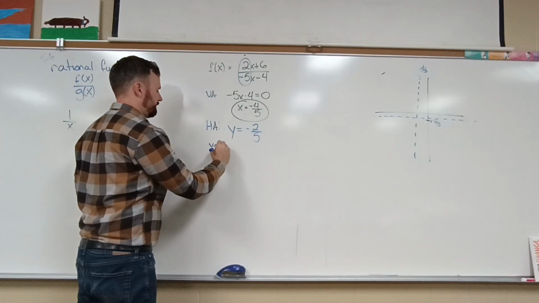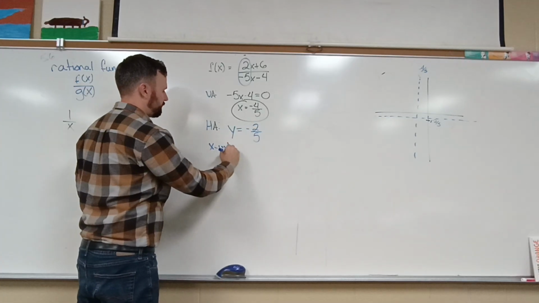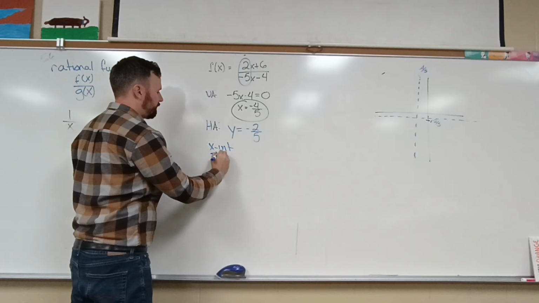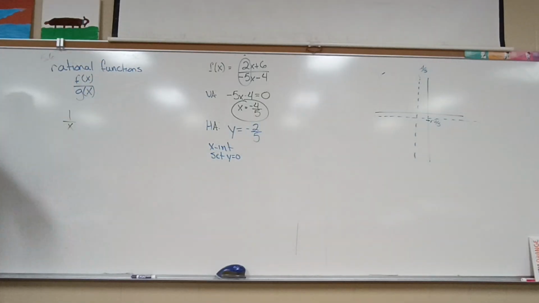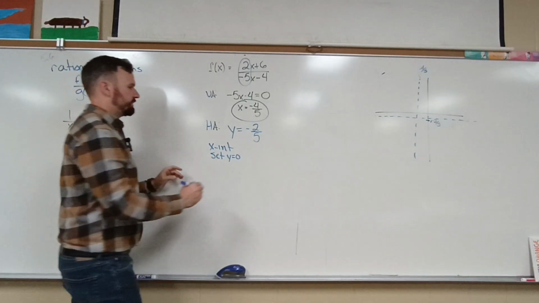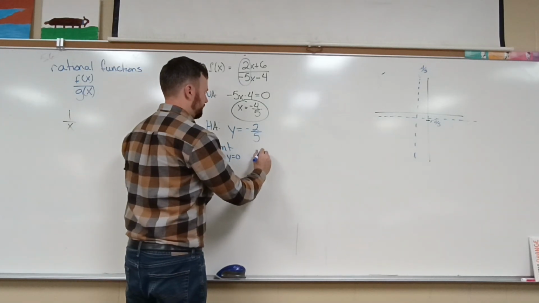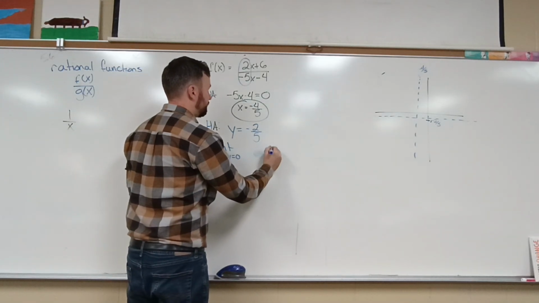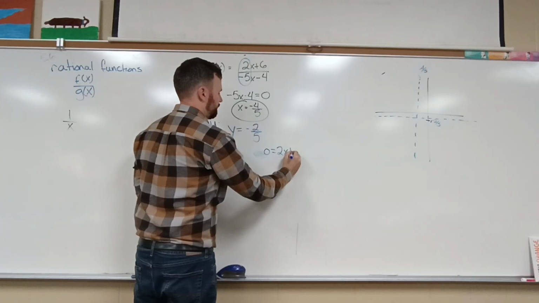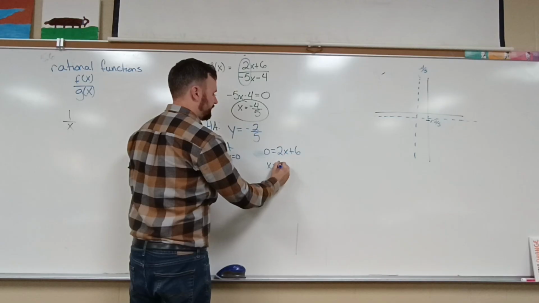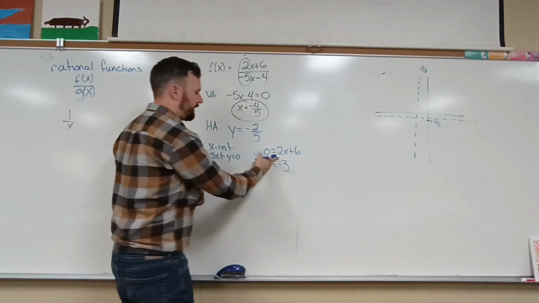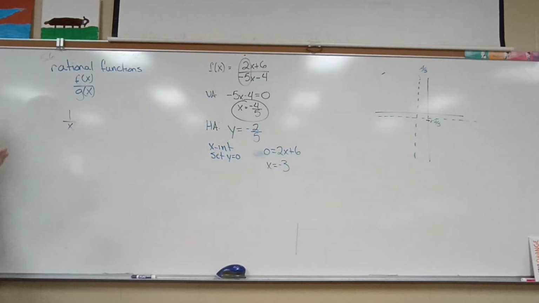X-intercept? All right, let's do x-intercept. Why not? X-intercept, I'm going to set y equals 0. Now, do I have to set that whole thing equal to 0, or just the top? Just the top. So I got x equals negative 3 when I solve that. Subtract the 6, divide by 2.